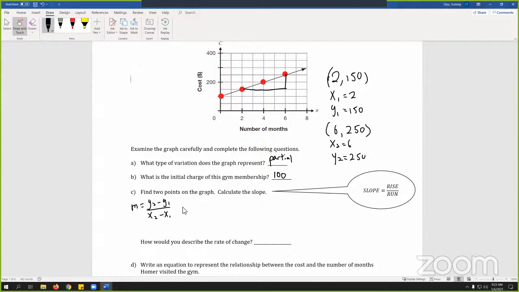Once you have that in, you can solve it here: 250 minus 150 divided by 6 minus 2. Solving it, we get 100 divided by 4, which will give us 25. So that would be your slope. You should have gotten 25.